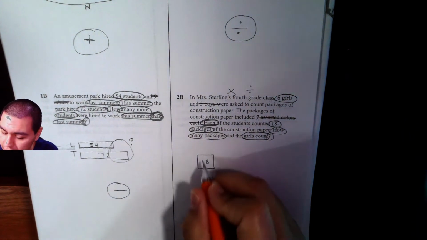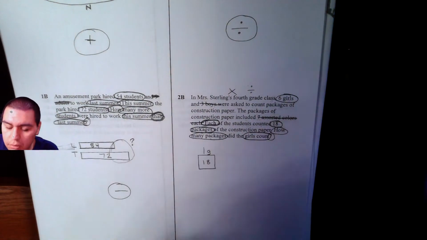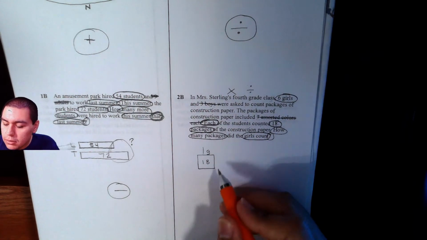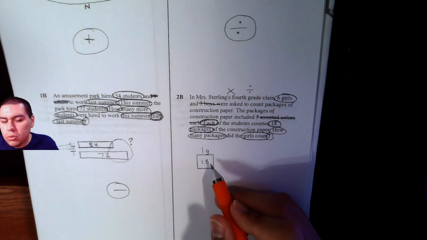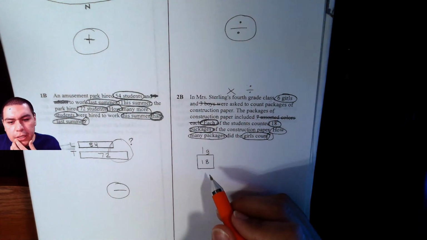So that means that this was just one girl. One girl counted 18 packages. Was there only one girl counting? Or was there more than one girl? There was more than one, right, Kylie? How many? Can you tell me?